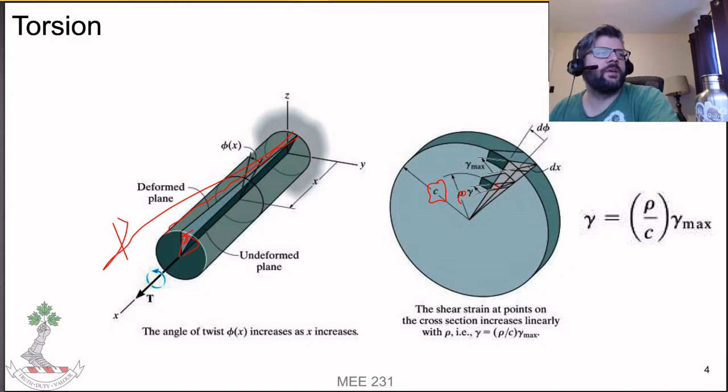At the centroid there's no strain going on because that's the point about which everything's rotating, and then you get more and more strain as you move away from the center, increasing linearly. So the strain at any point is equal to the maximum strain times the ratio of the point we're looking at and the maximum radius.